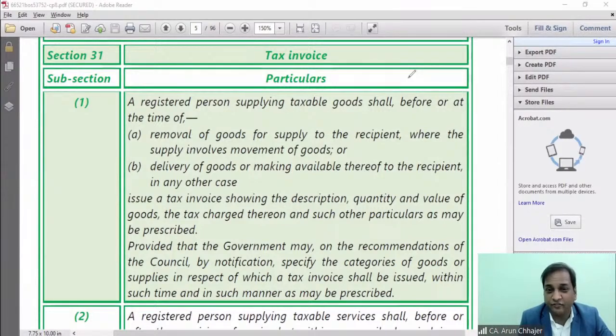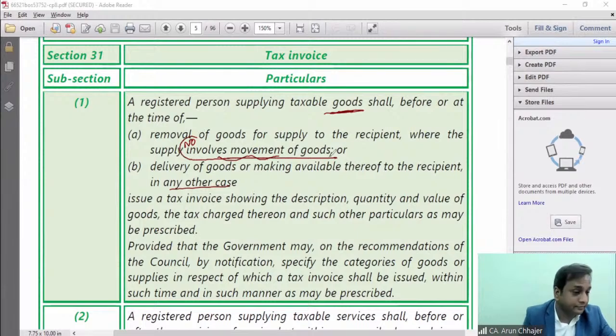So please confirm any example where there is a supply of goods which does not involve movement. Sale of land, sale of immovable property. I'm asking the question to all of you. Please be active in the chat.